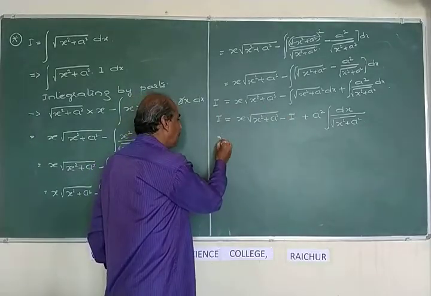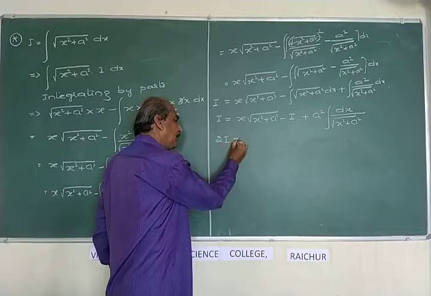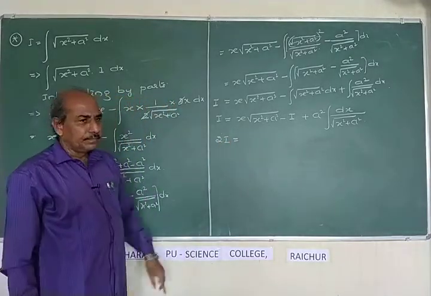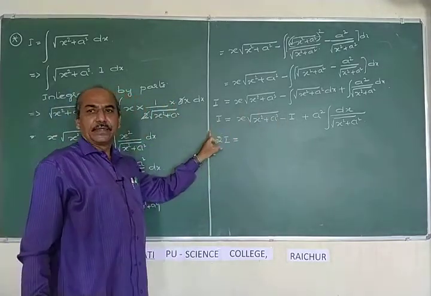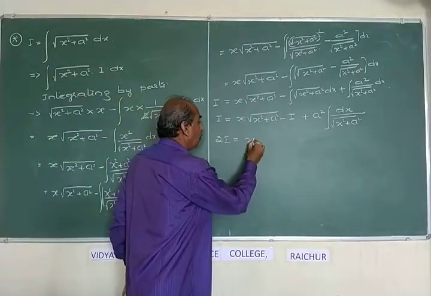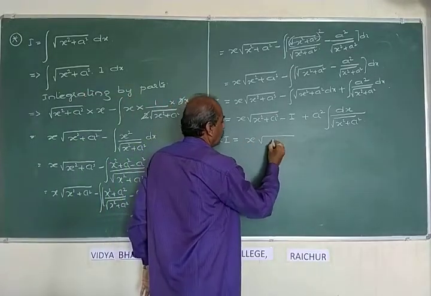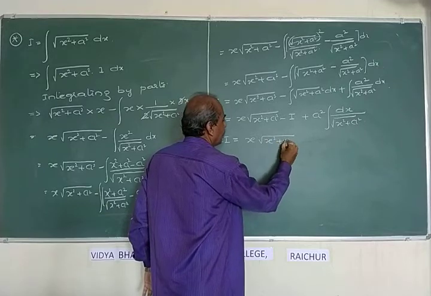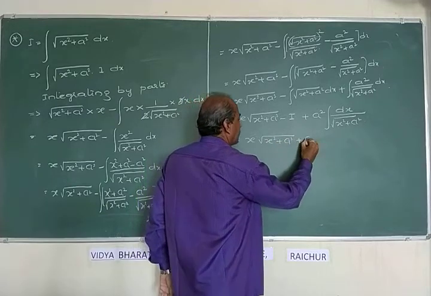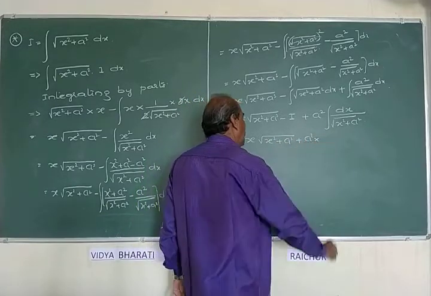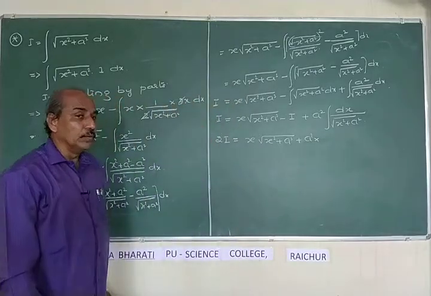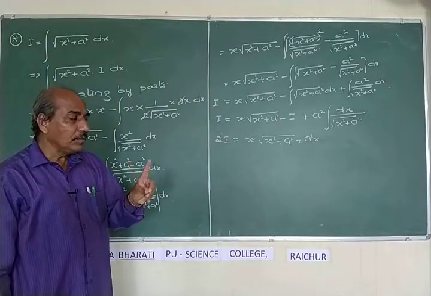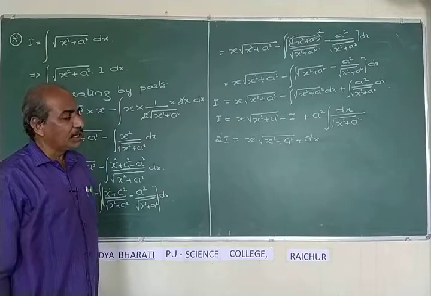Now transferring this minus I to the left hand side, it becomes plus I. So I plus I becomes 2I, is equal to x into root of x square plus a square plus a square into, there is a formula I have given you, dx. Long back I took it, probably you might have forgotten.